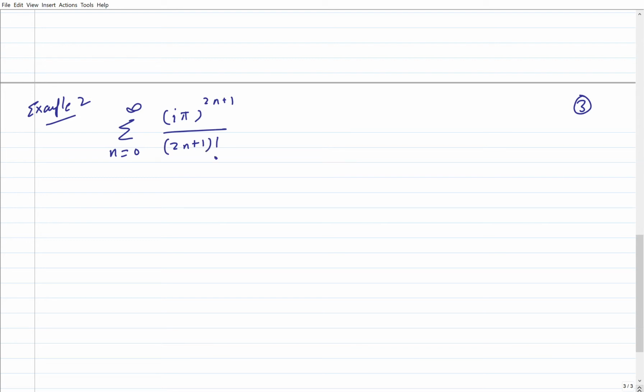Now you can say it's a power series, so it has something to do with the expansion of e to the power iota pi, which gives me 1 plus iota pi plus iota pi whole square by 2 factorial plus iota pi whole cube by 3 factorial, so on and so forth. I just need the odd powers there, so somehow I need to combine such infinite summations in a way that I only retain the odd powers 2n plus 1.